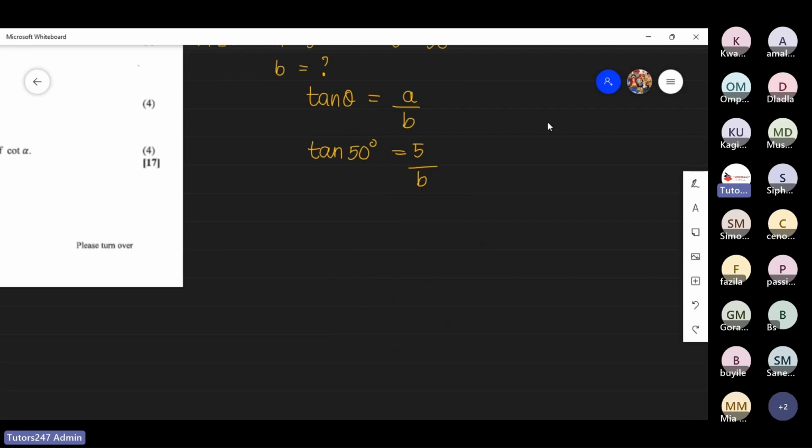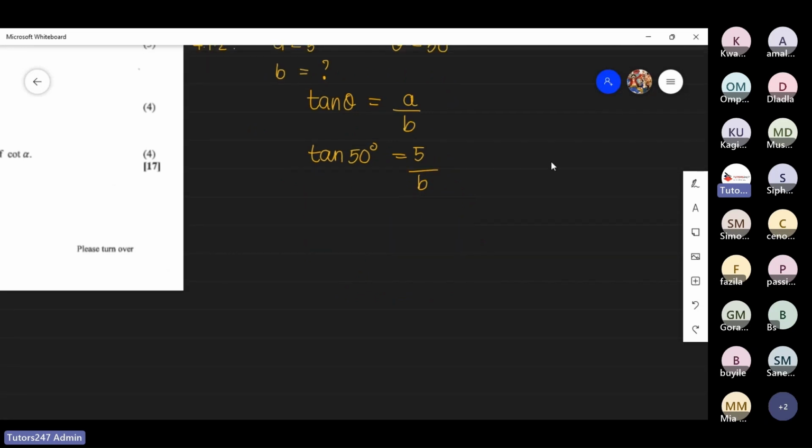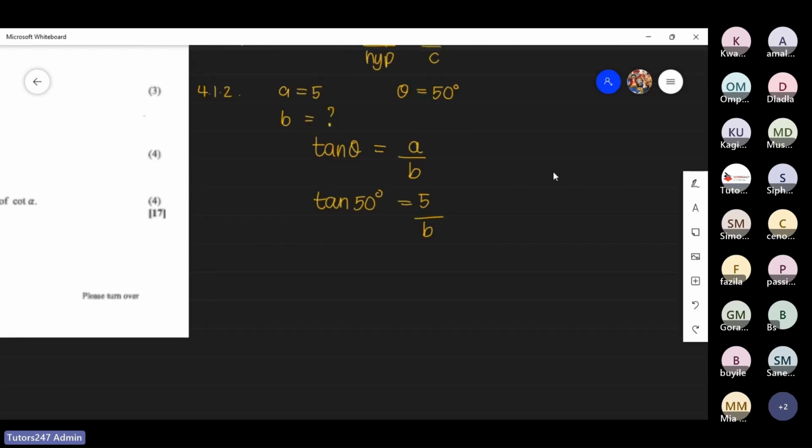All we now need to do is solve for the unknown, which is B. So from here, what can we do? We can't solve for B while it's in that position. So we now need to cross multiply. We know that tan of 50 is just over 1, right? Anything that doesn't have a denominator, always remember it is just over 1.